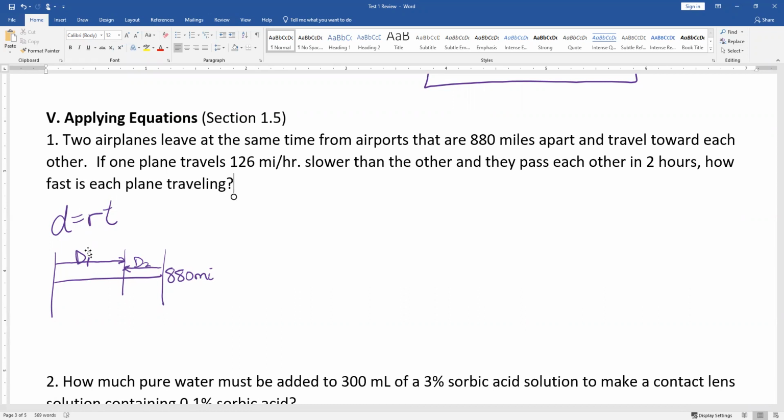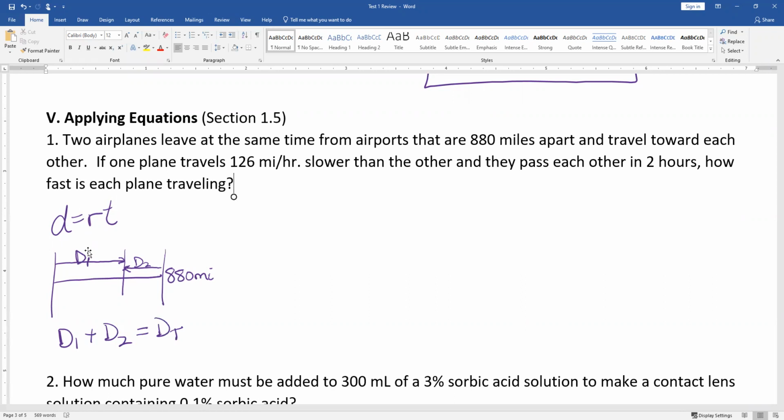Obviously, if they're both traveling for 2 hours, the one going slower is going to have a shorter distance. But we do know that the distance that one plane traveled plus the distance of the other plane equals our total distance. And we can use that to find their rate of travel.